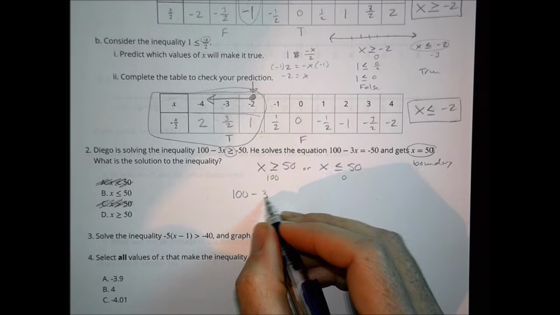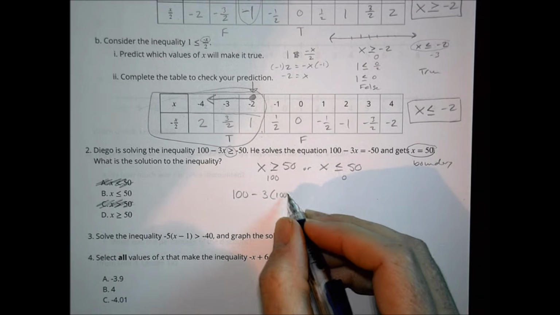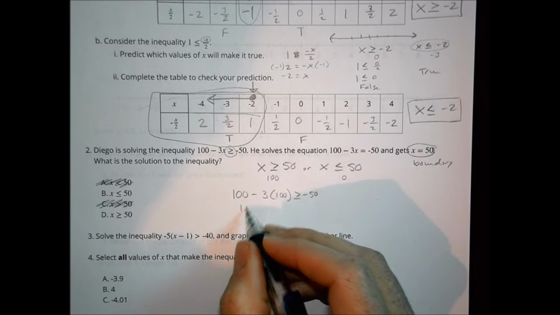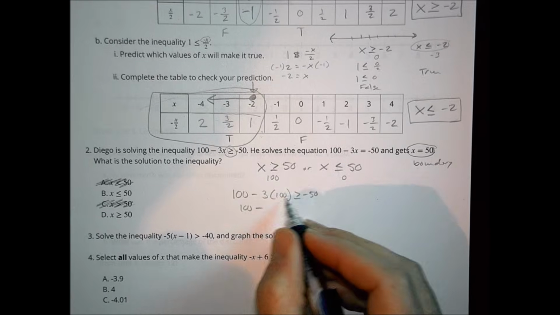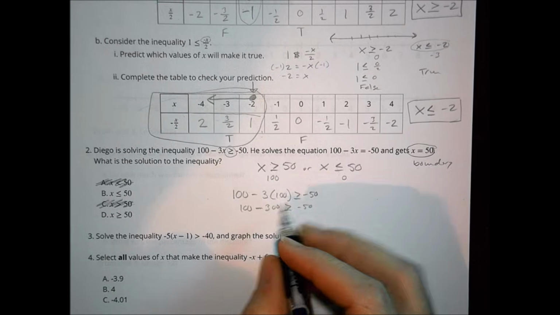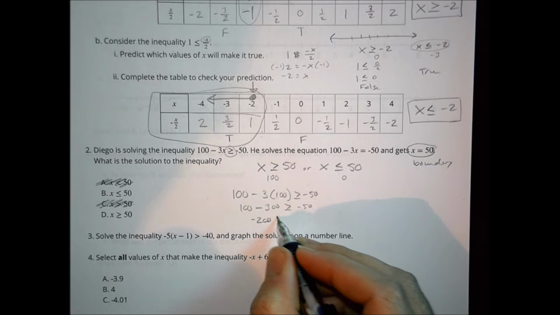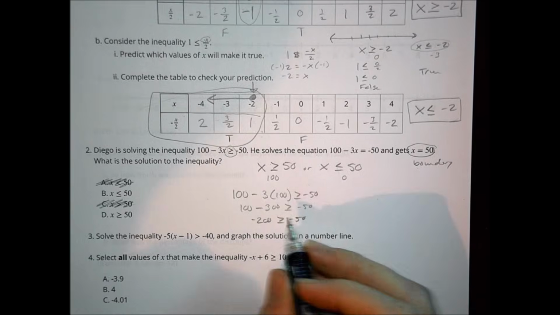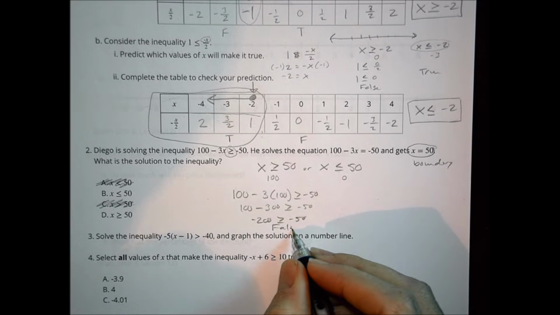100 minus 3 times 100 is greater than or equal to -50. Is this true? 100 minus 300 is -200 greater than or equal to -50. Is -200 greater than or equal to -50? Nope, it is false.